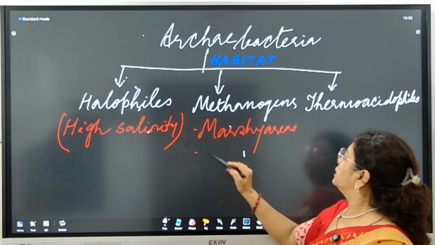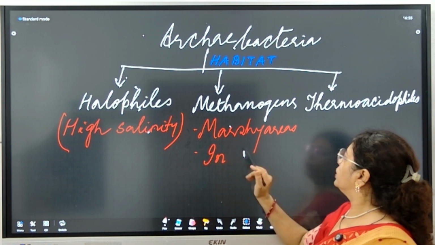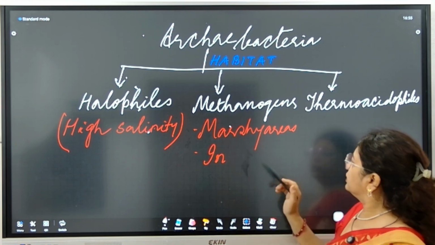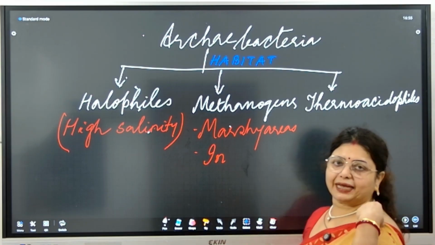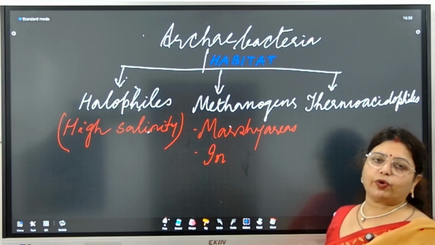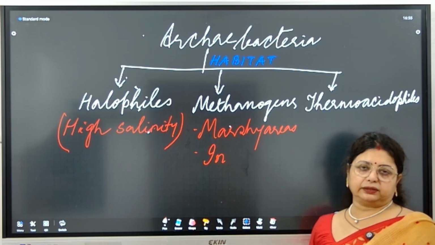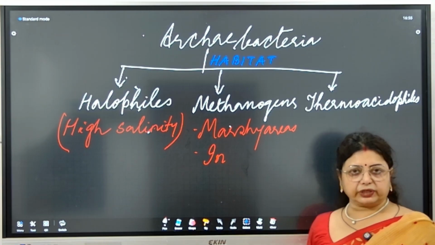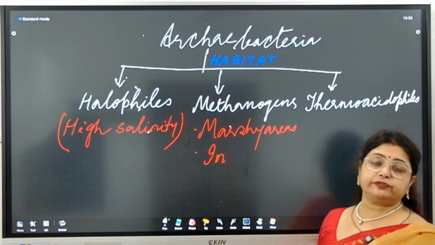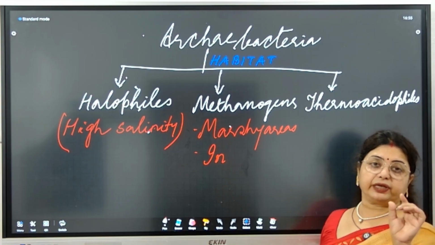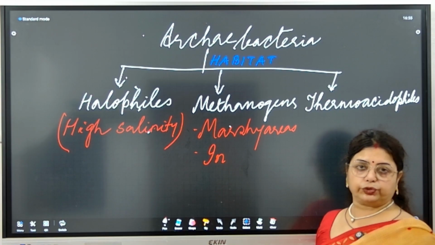Then in ruminants, you know, ruminants, the cattle, those who once eat some food and again bring it back in their mouth. Okay, and they have a special largest chamber in the gut, that is the rumen.